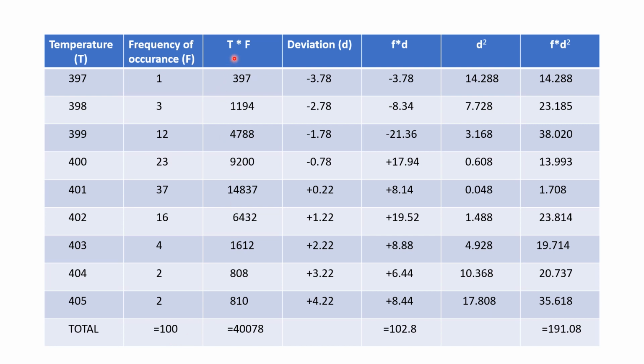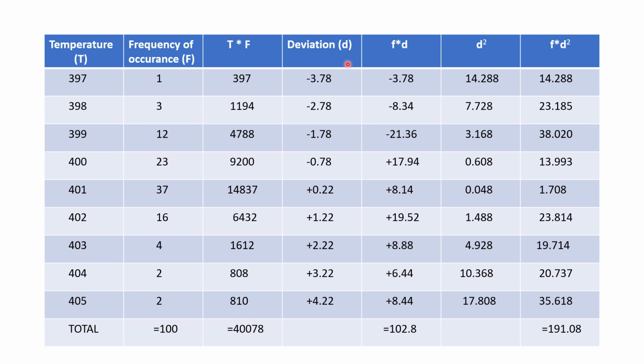I am multiplying the temperature with the frequency of occurrence, calculated each value, and the sum of TF is 40,078.